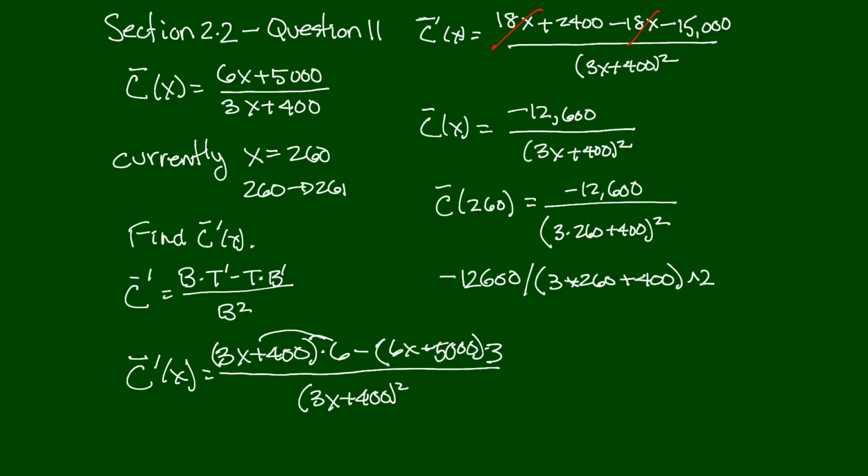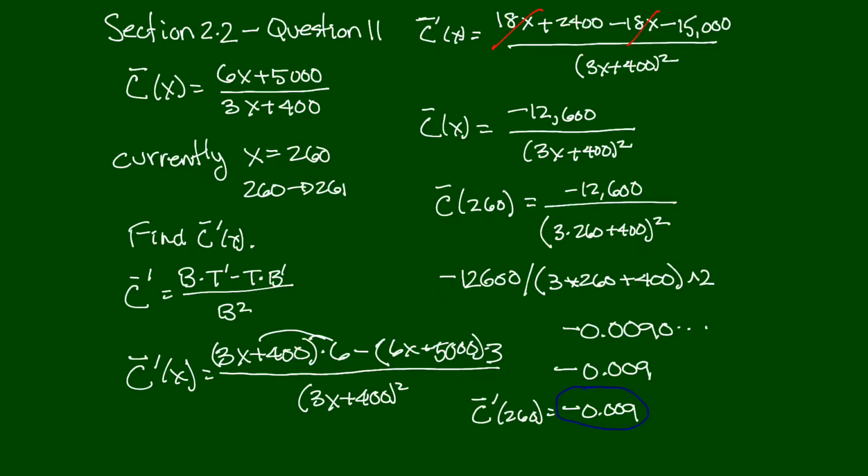And what I got out of this was negative 0.00 and a 9, and then a bunch of stuff here. So I'm going to write this as negative 0.009. So I'm going to say that C bar prime at 260 is negative 0.009. So that's the answer here, is that number right there.